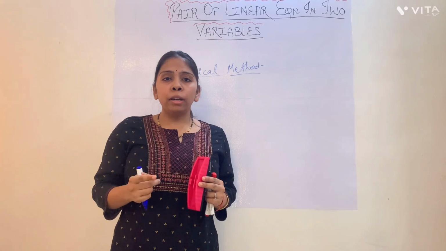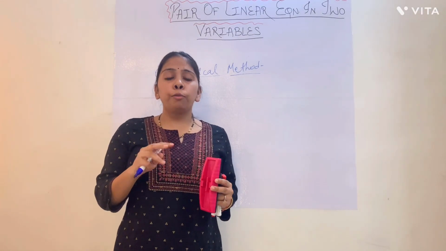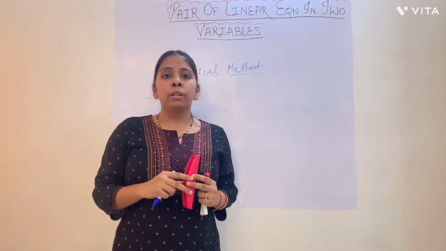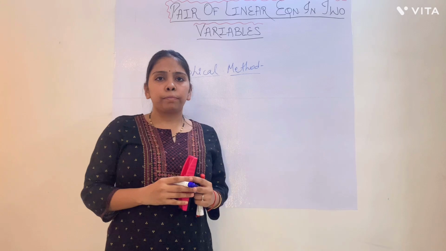If we have one linear equation, it will give one straight line. And if we have a pair of linear equations in two variables, we will get two straight lines.